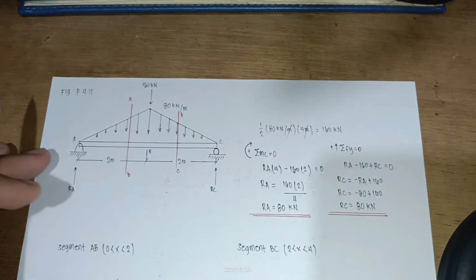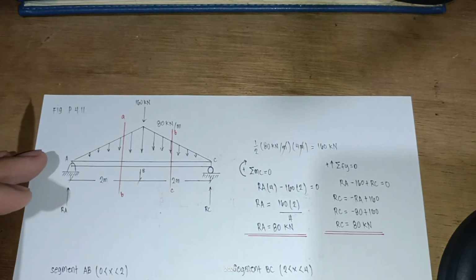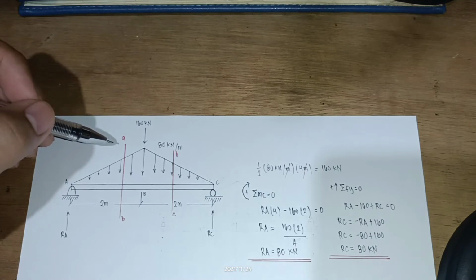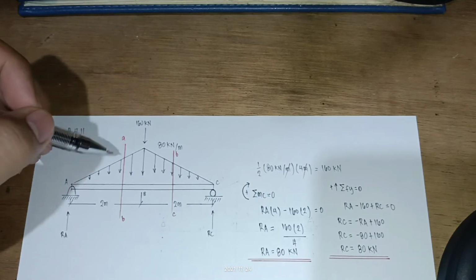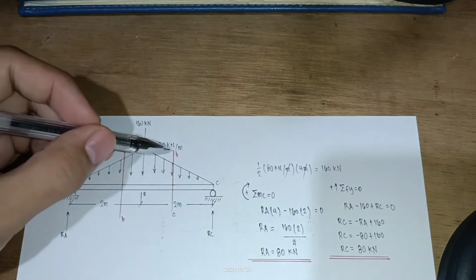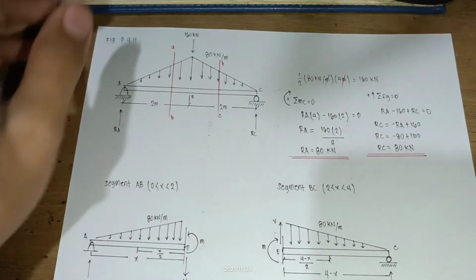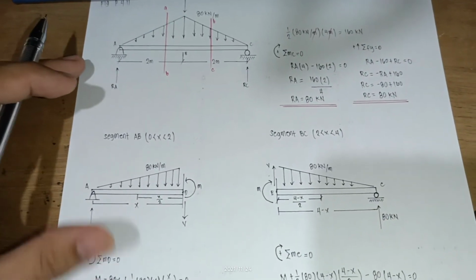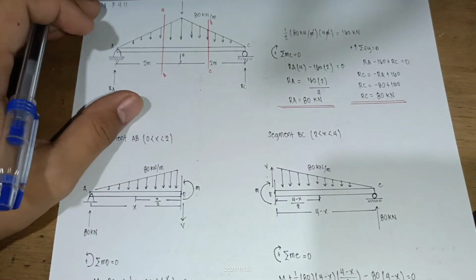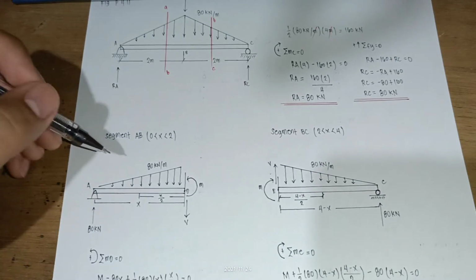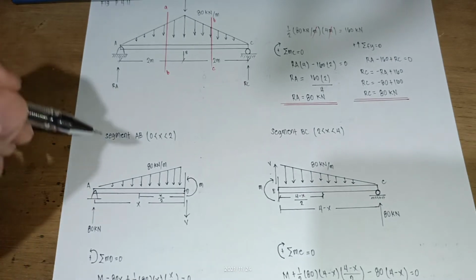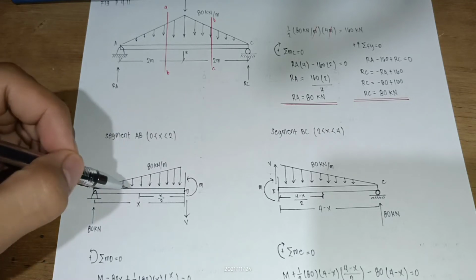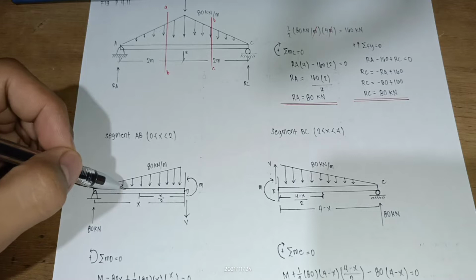To determine the diagram, we have to cut the beam into two segments, the segment AB and the segment BC. In segment AB, where x is greater than 0 and less than 2, this is the cut section.